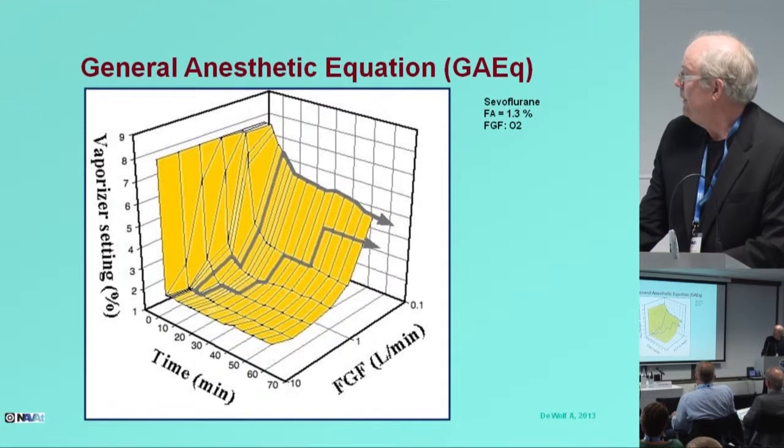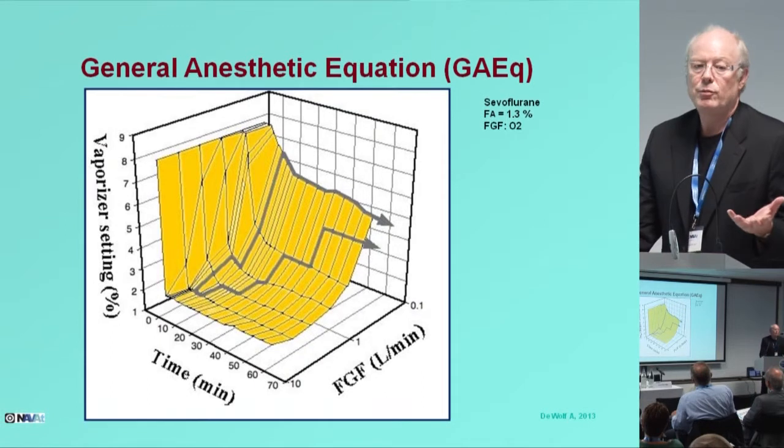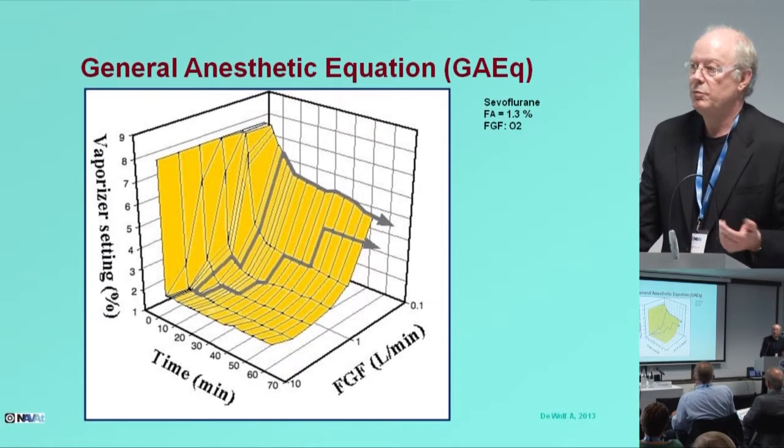What does that mean? If you start off here, and a lot of people start off with fairly high fresh gas flows, like 2 or 3 liters per minute, as long as your sequence of fresh gas flow and FD combinations remain on this plane, your alveolar partial pressure will stay at 1.3%.